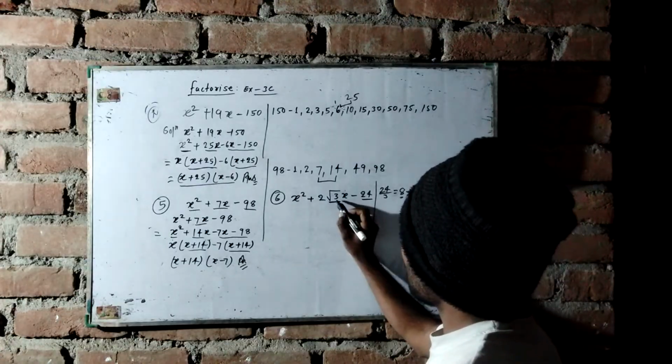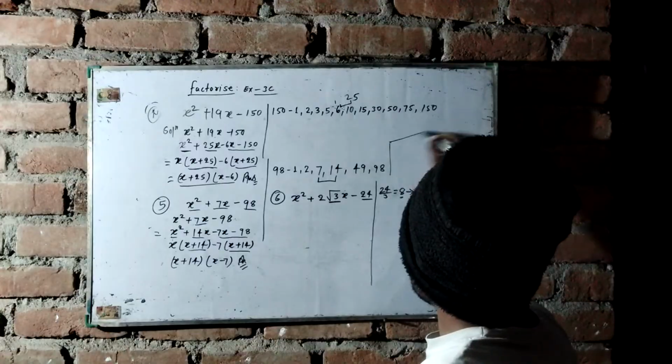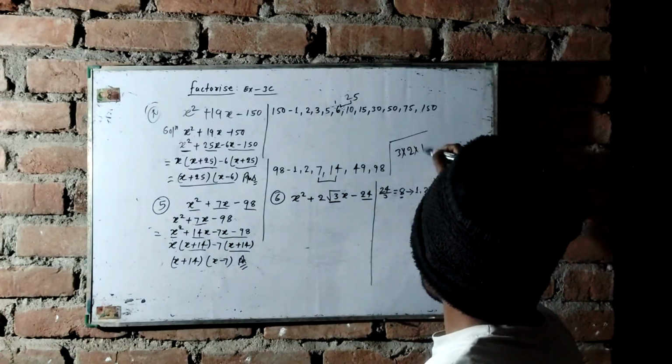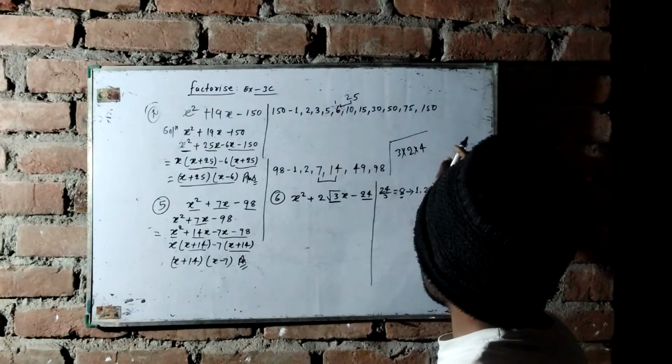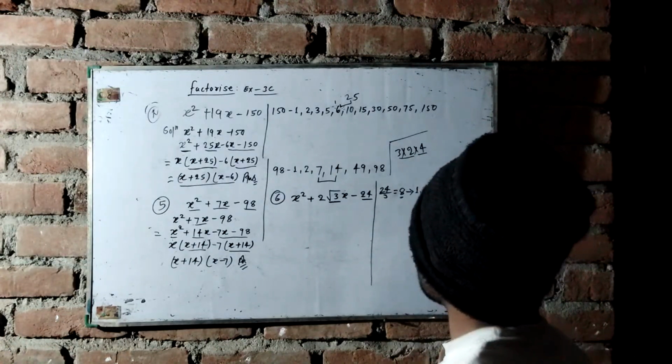and consider root 3 also as a factor. So we can check here 3 into 2 into 4, we can get 3 times 8, 24.